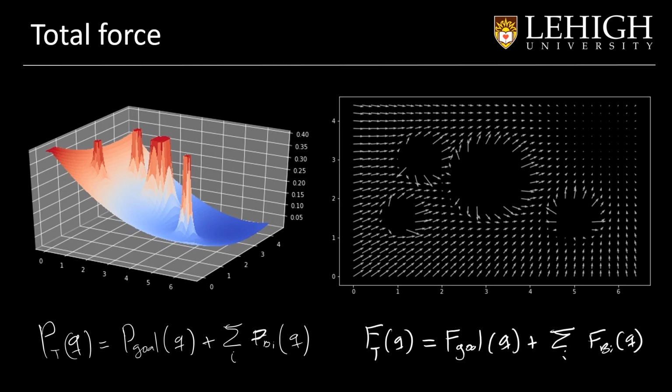The result will be a vector field where we want to go to a goal. The goal will be here. And for any position of the robot, it will try to navigate through that goal.